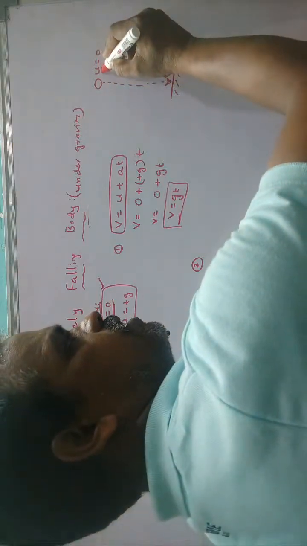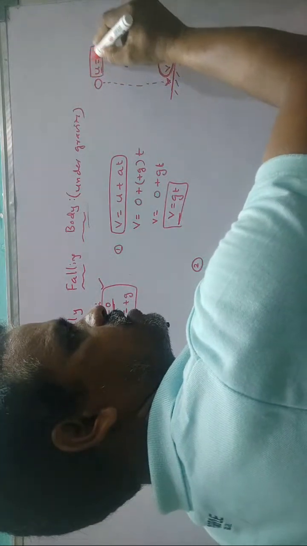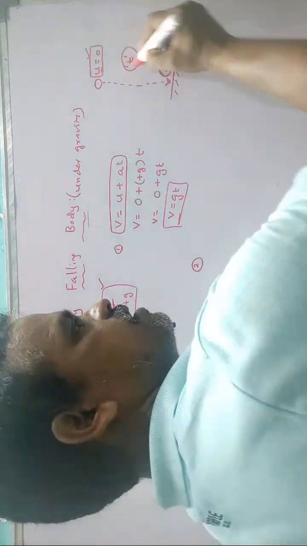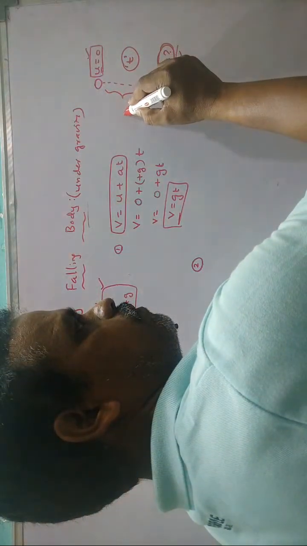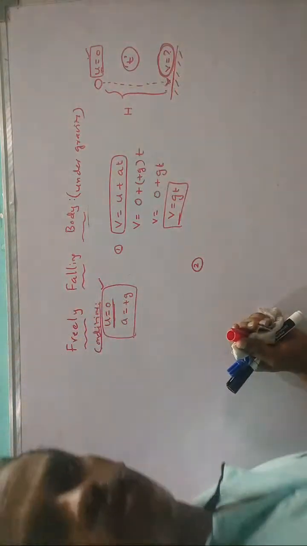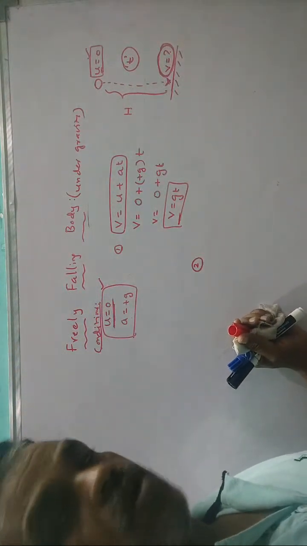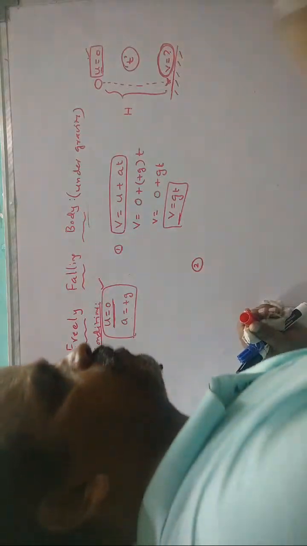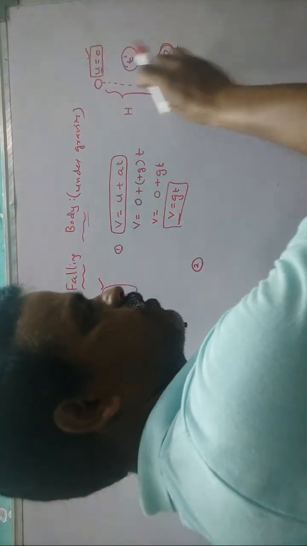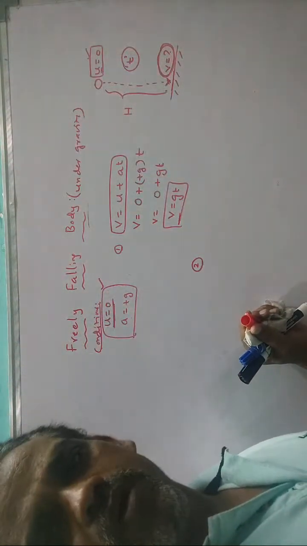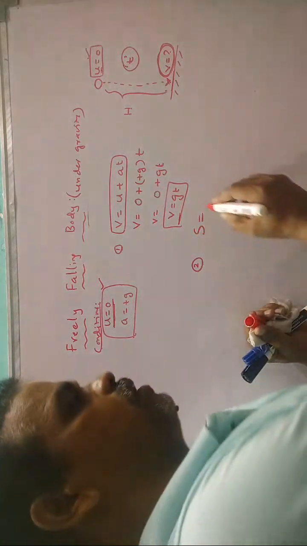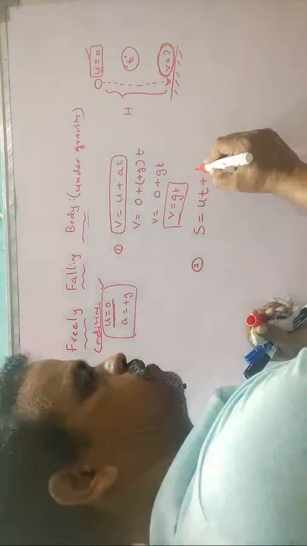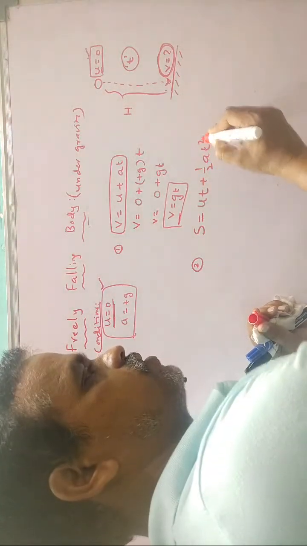Second, see, the body started with initial velocity 0. It traveled for t time. It traveled a distance of h. So my question is, how much distance is covered by the body before reaching the ground? We have kinematic equation 2, S equal to ut plus half at square.